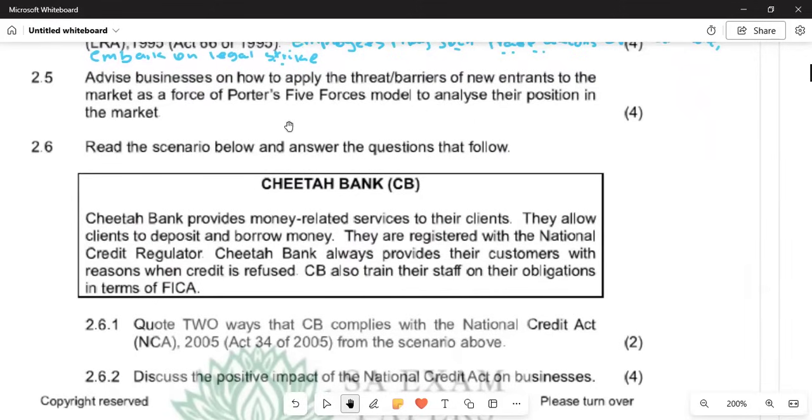2.5 says, advise the business on how to apply the threat of new entrants, or barriers to entry, as a force of Porter's five forces model to analyze their position in the market.